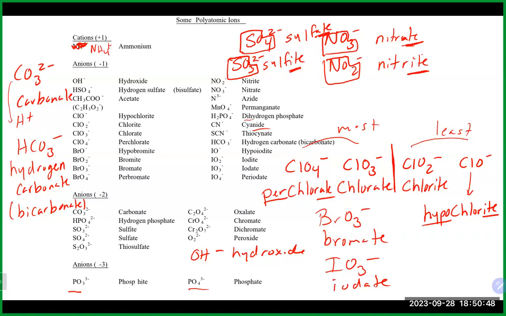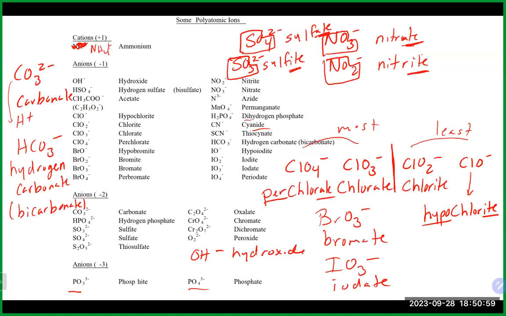Now, you could really apply your group of 4 if you're not sure of anything. For example, on that list we have MnO4 minus, and that is permanganate.